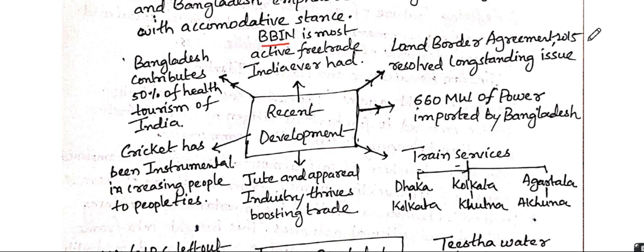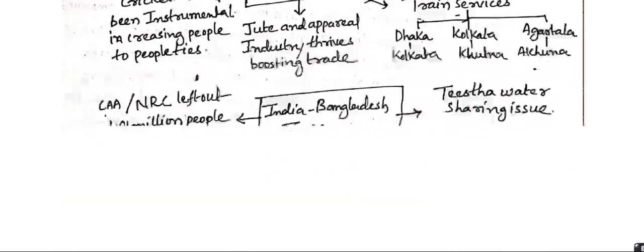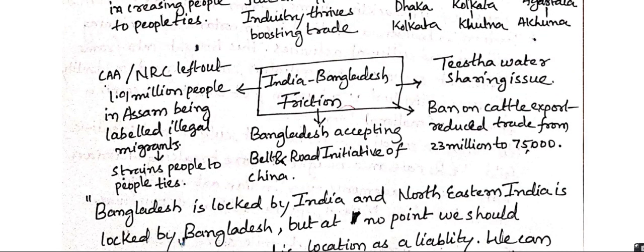Then the 100th Amendment, power sharing, train services. Then we went to parts where we have friction. This is more of a GS answer, and here you differ when you write an optional answer: you write a realism aspect there. That's how you add value to your answer.